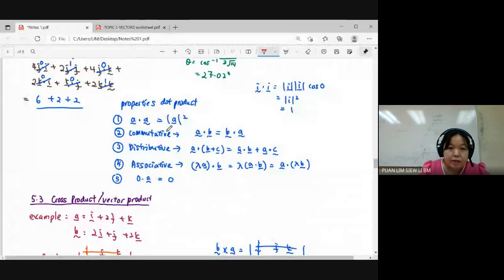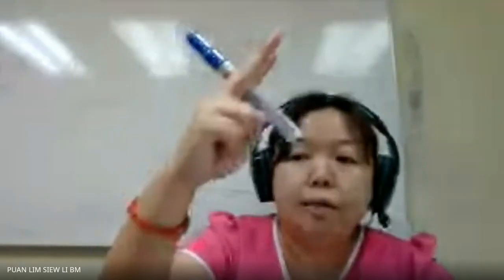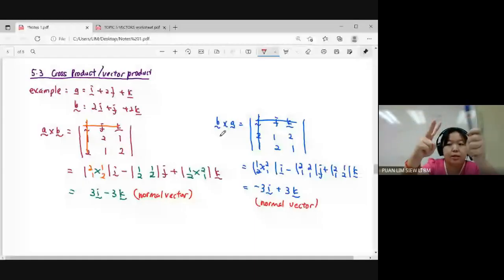Okay. Isi tersirat cross product ialah penghasilan vector. So this is your normal vector, whether positive or whether negative. So this vector is normal. Kenapa normal? Sebab dia akan sentiasa 90 degree kepada permukaan awak.